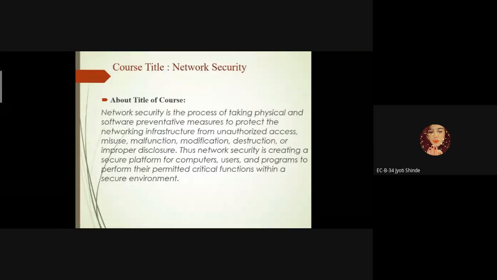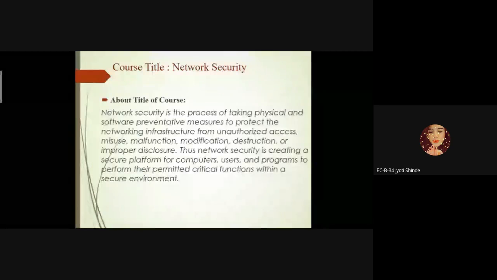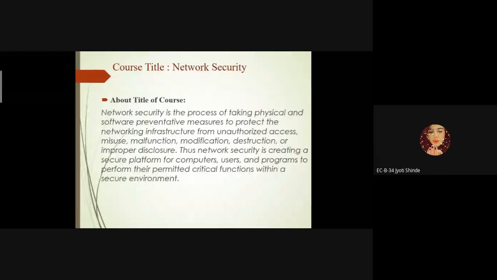Okay, so now we'll move towards our course title, that is network security. Have you any idea about the word security? What is the meaning of security? We can find the word in many applications related to various types of security. We can call it women's security.